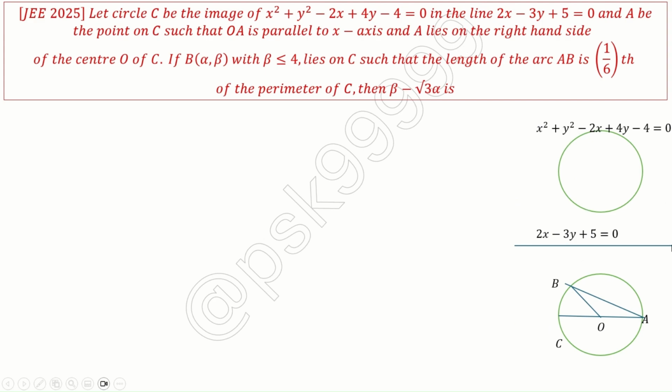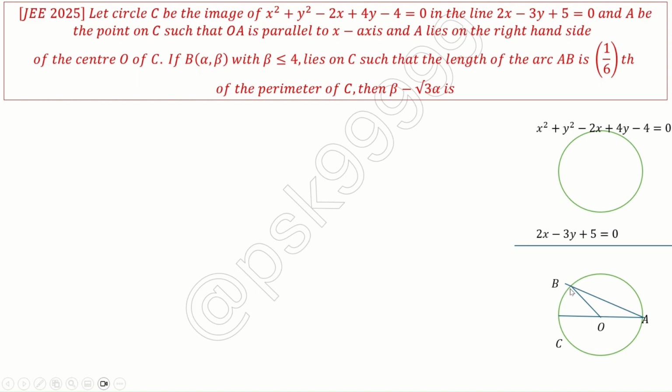A is a point on C, it can be anywhere, I just choose it here, such that OA is parallel to the x-axis. This looks parallel to this line, which is not the x-axis, but just imagine OA is parallel to the x-axis, and lies on the right hand side of the center O.